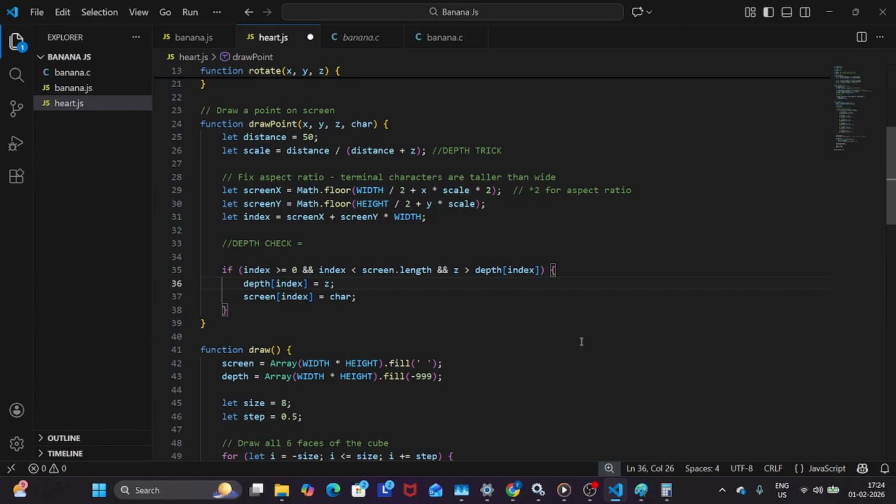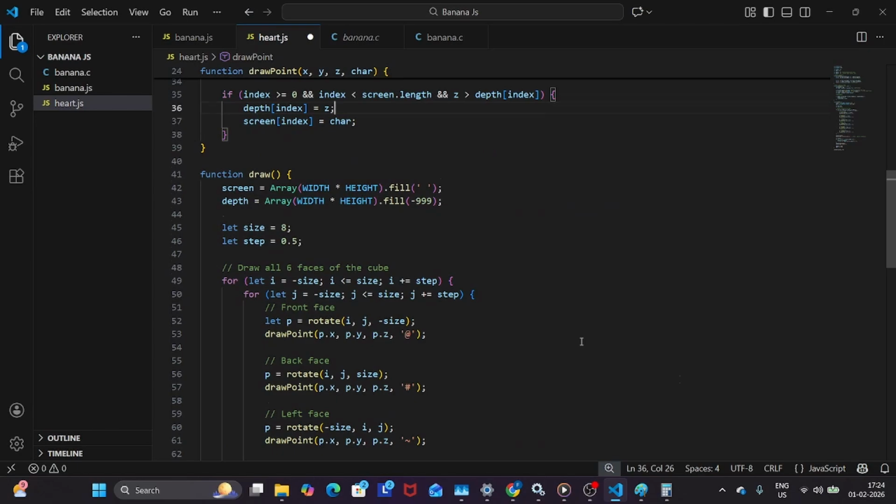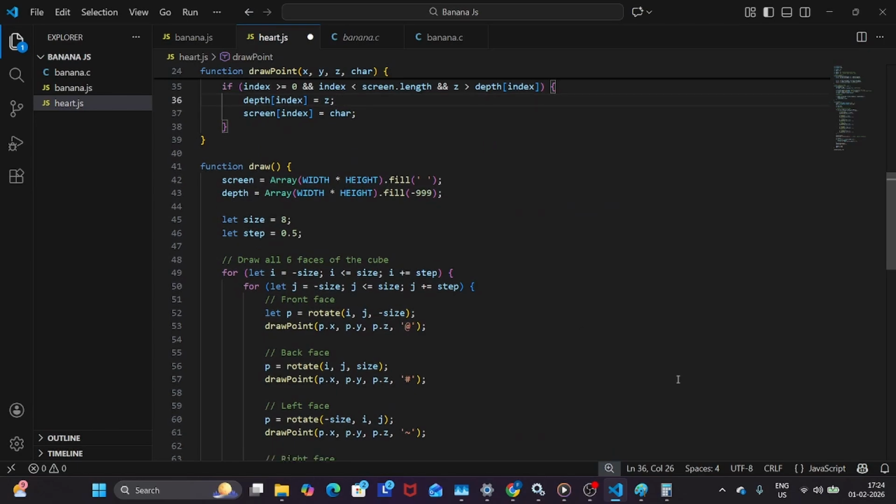Now this is our last thing, the draw function. This is a very big function, so I'm going to explain. Every frame we start fresh, so old points are removed and new points are recalculated.